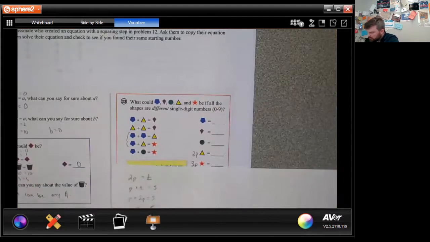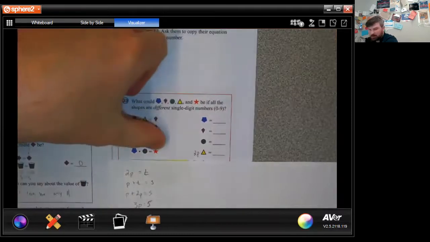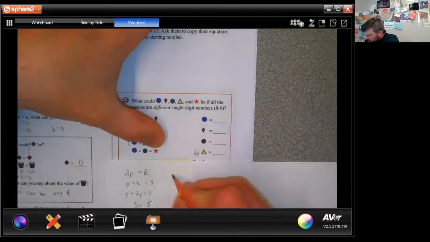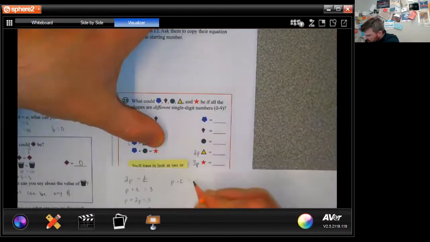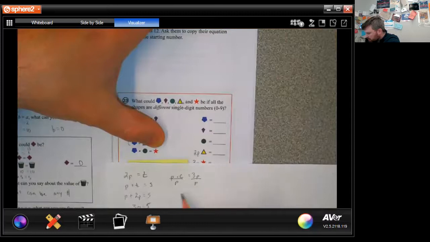Okay, what else can we say here? Okay, I know right here that a star, so a pentagon times a circle equals 3 pentagons. So if I divide by a p, circle equals 2p.